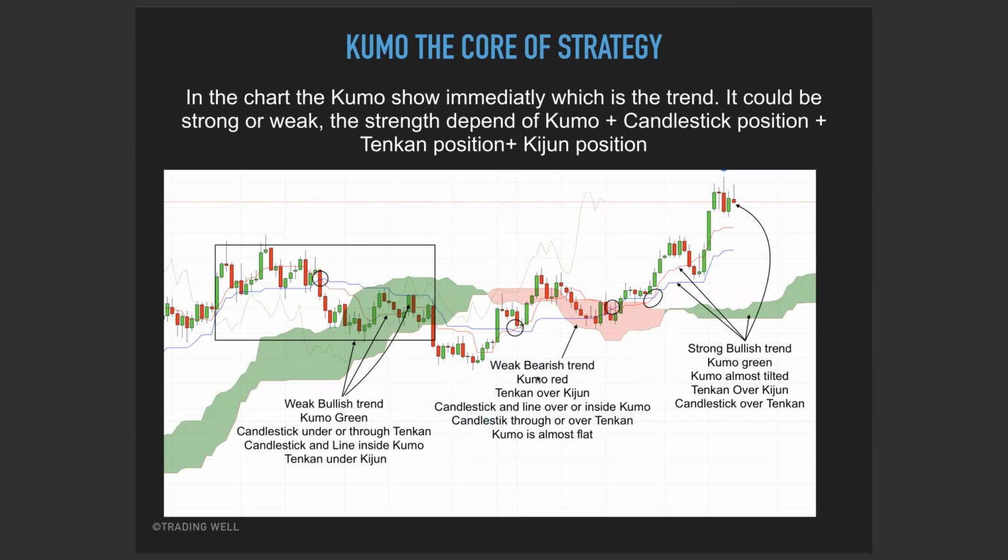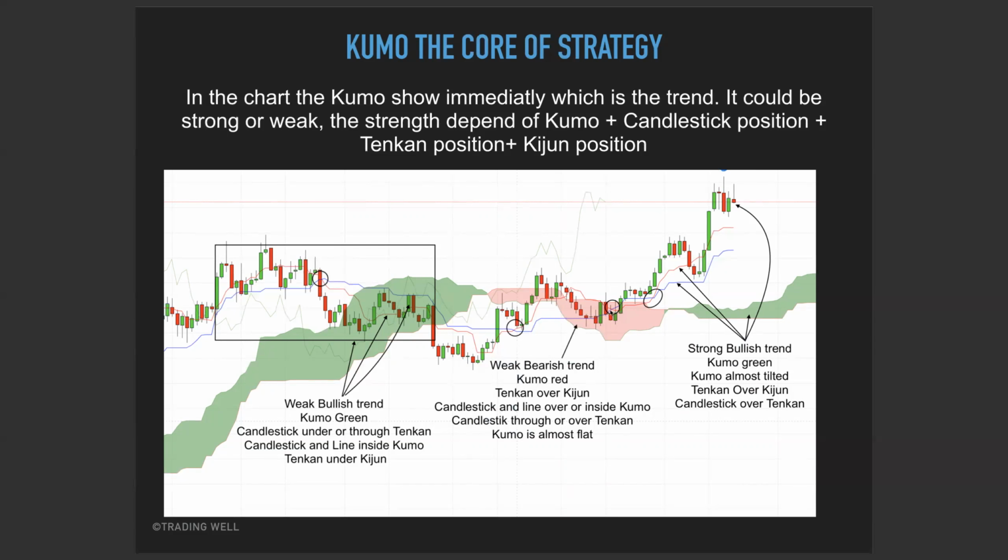Here we have a weak bearish trend because yes, the Kumo is red, but Tenkan is over Kijun instead of under, like here. The candlestick and lines are over or inside the Kumo, like here. The candlestick is over or crosses the Tenkan line and Kijun line, like here.